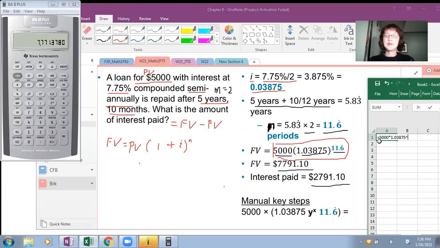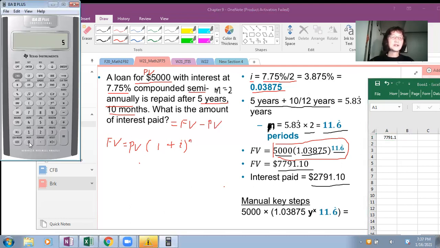Oh, I know the reason. 11.6, it should be 11.66666 repeating. So you should enter more digits for the 6s: 11.66666667. So this number agrees with this one here. So in the calculator, instead of 11.6, I should type in 11.6666. I'm going to redo it here.